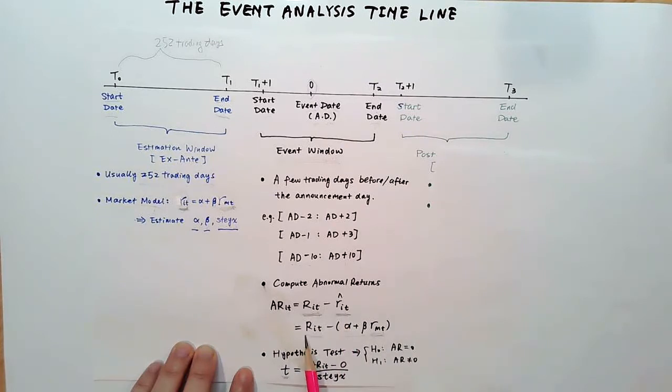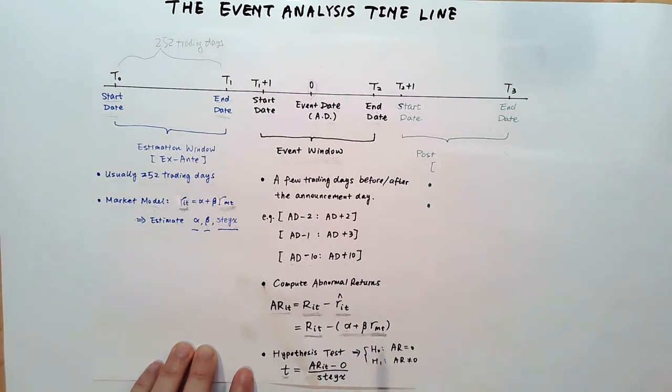So you're going to download stock returns from CRSP to look up the actual return for this company on day T, and subtract the predicted return, obtained by plugging in alpha and beta and the actual market return on the same day. Together, this gives you the predicted return for this company on day T. The difference between the actual return and the predicted return gives you the abnormal return, which could be either positive or negative, depending on how the actual return compares to the predicted return.